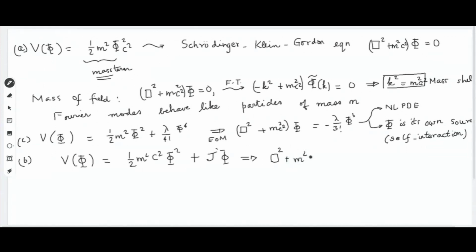I'm going to be very sloppy about powers of c, and it will be part of your task to make sure that I'm right. Minus J. So this is the Schrödinger-Klein-Gordon equation for a scalar field with mass m interacting with an external source, or external current source.